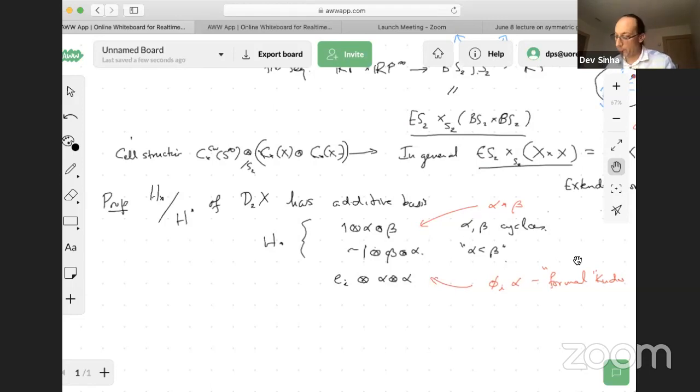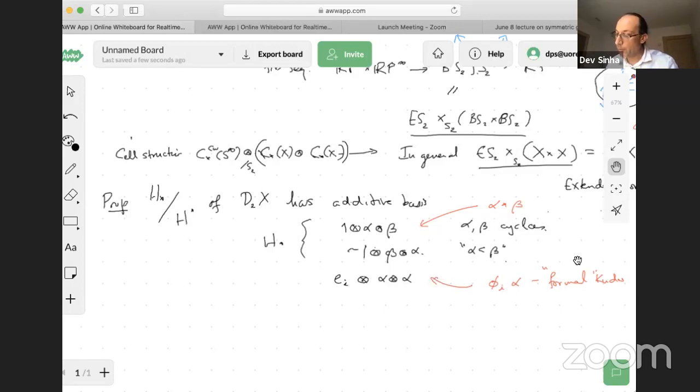And so then what happens? Again, this is just a calculation that if I knew the homology of X, here's a way to understand the homology of D2X. Notice that you get the homology of RP infinity when X is a point. I'm not sure if I need to be reduced here. I think so.